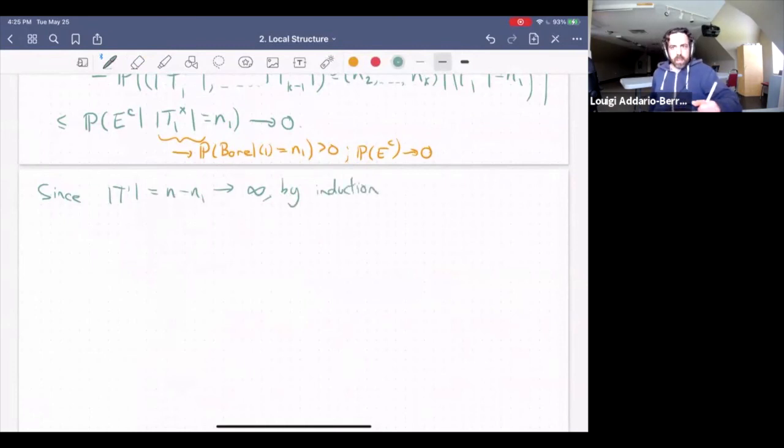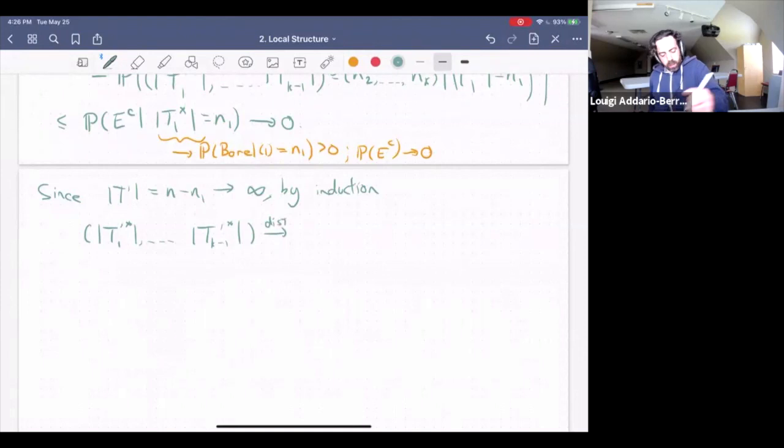we have that the sizes of T1 prime star up to T K minus 1 prime star converge in distribution to independent Borels, but let me call them B2 up to BK.